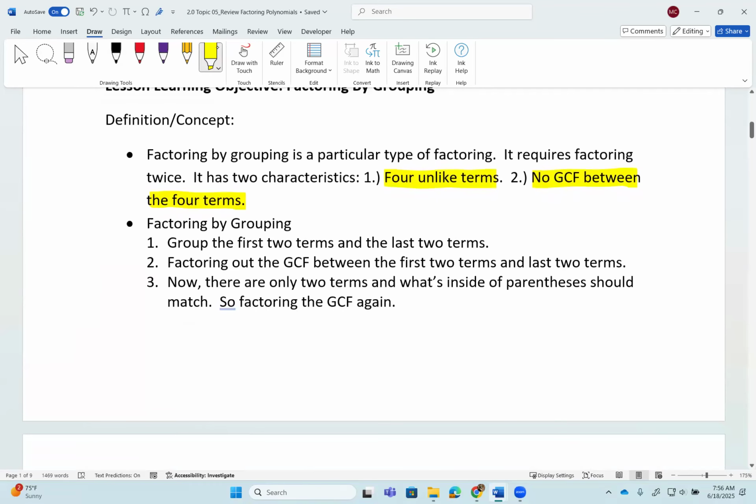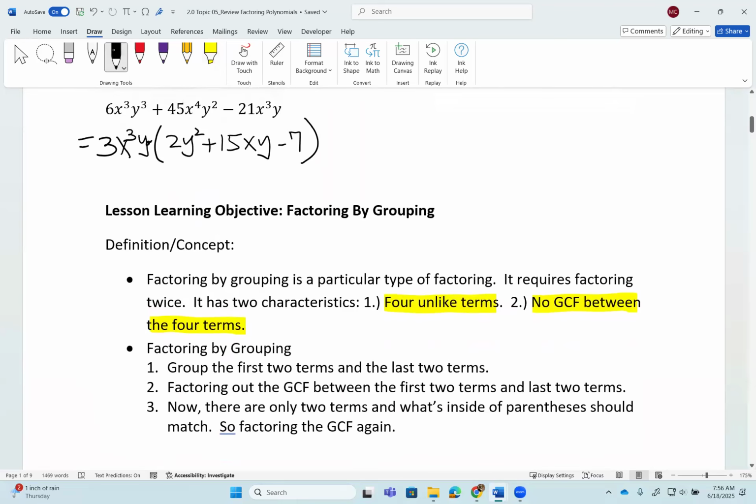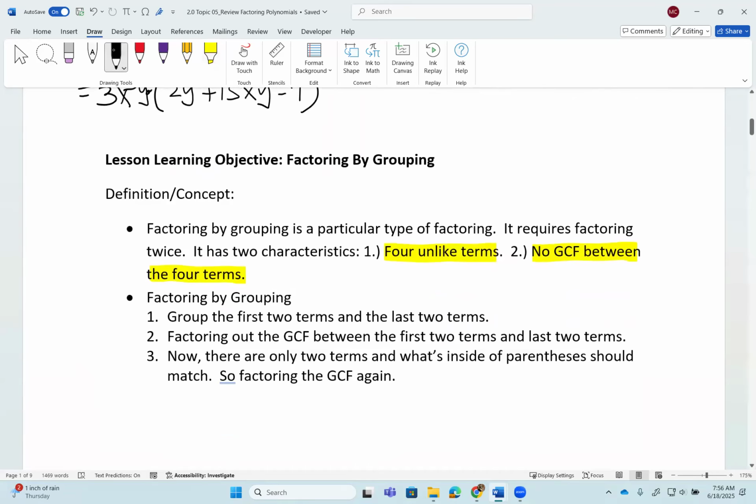So what are the steps on how to factor these types of problems? Well, we're going to group the first 2 terms and the last 2 terms by underlining them. Then we're going to factor out the greatest common factor between the first 2 terms, and then factor out the greatest common factor between the last 2 terms. Every time I factor out the greatest common factor, I will have a parenthesis with whatever is left over inside of it.